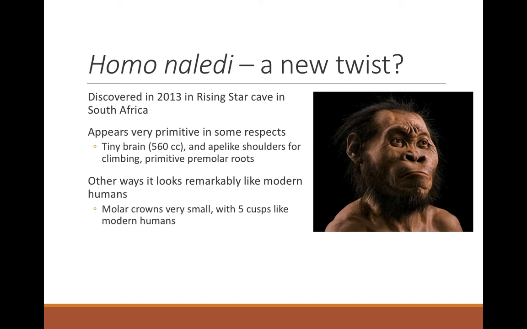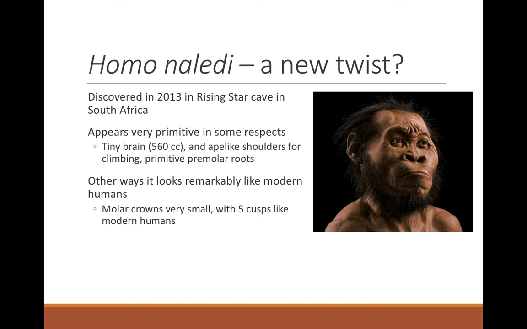We also have Homo naledi, who was found in 2013, named in 2015, published heavily in 2016. Homo naledi was originally thought to potentially be perhaps the very first representative of the genus Homo, awaiting dates.